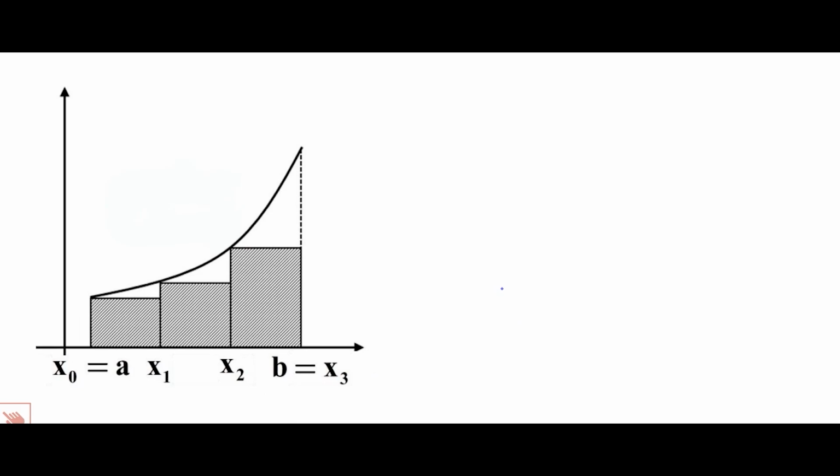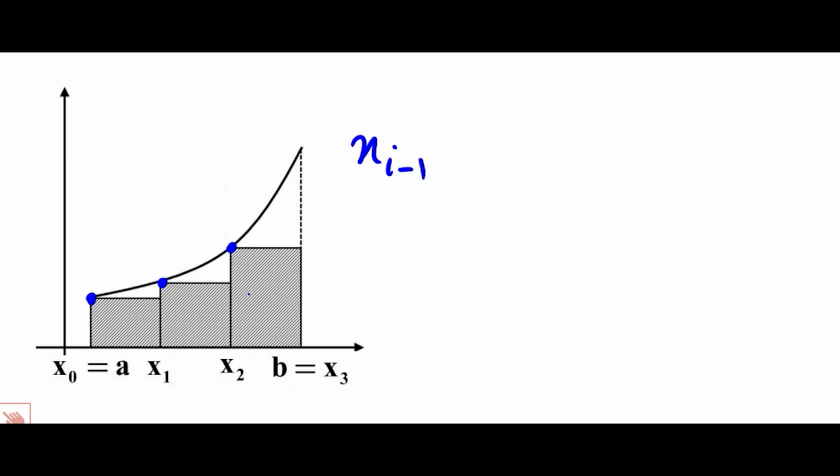Or in this graph, we use the left endpoints, meaning this, like this, like this, meaning x sub i minus 1 to determine the height. Because the function is climbing, the left side of each subinterval is the lowest point. For example, in this interval, a is the lowest point, and in this interval, x1 is the lowest point, and in this interval, x2 is the lowest point.